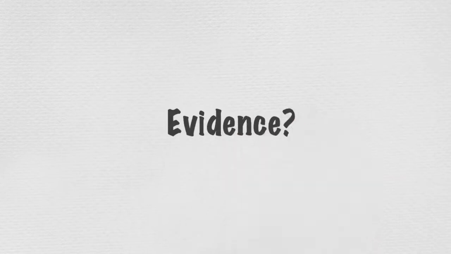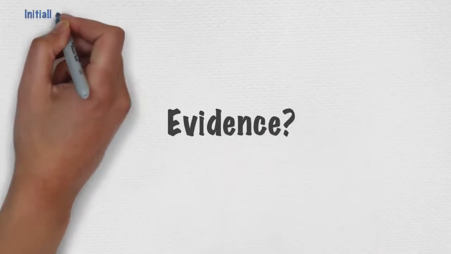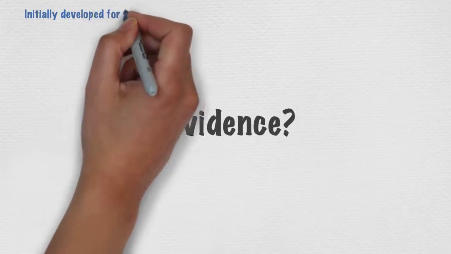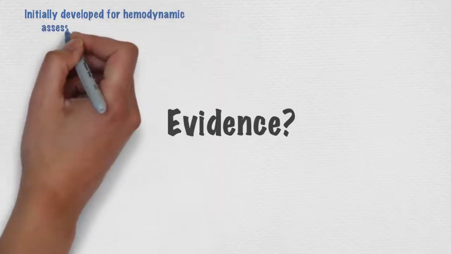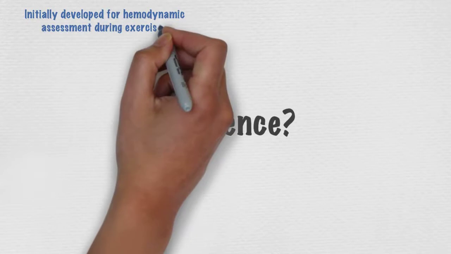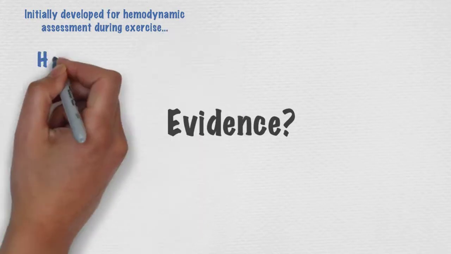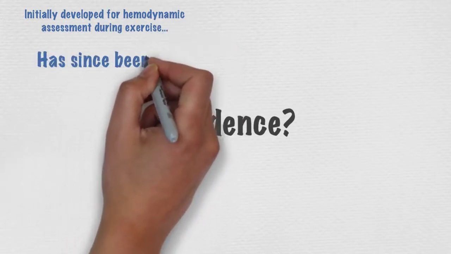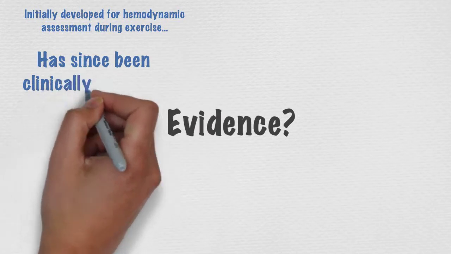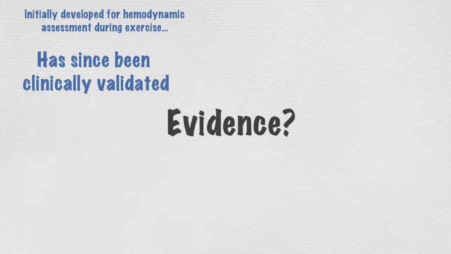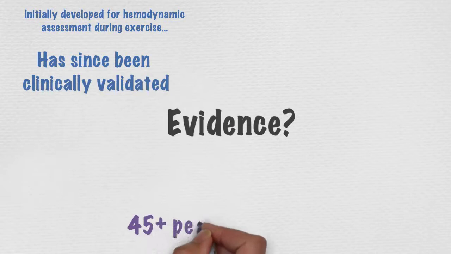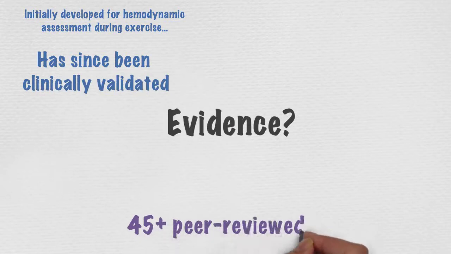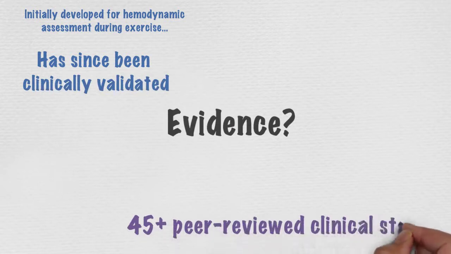So what's the evidence to support the use of the technology? Well, HD-ICG was initially developed for hemodynamic assessment during exercise, meaning it is suitable in awake clinical situations, and it's since been clinically validated. In total, there are more than 45 published peer-reviewed clinical studies evaluating HD-ICG technology.